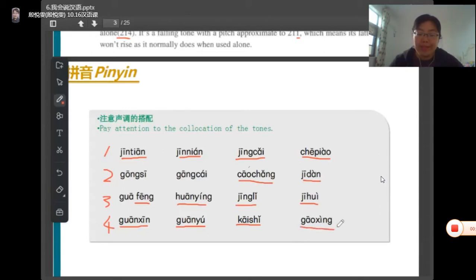高兴 means glad. I'm very glad to see you. 高兴 means glad.